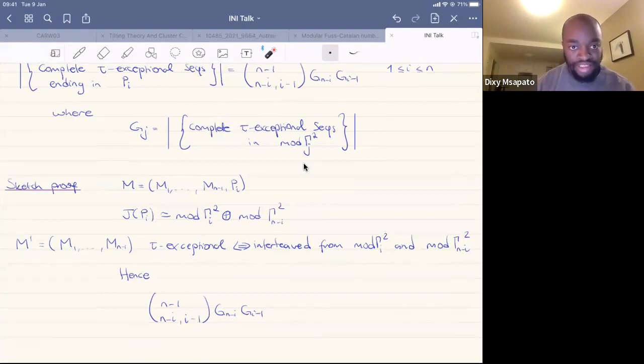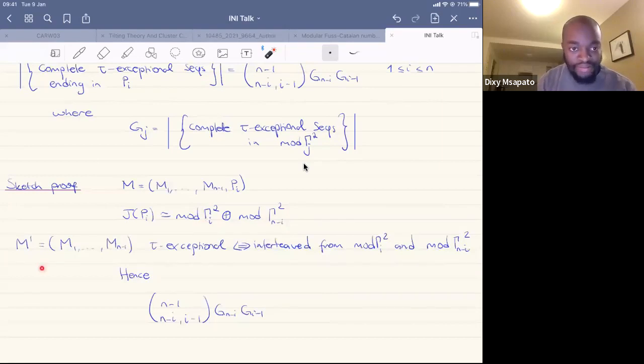So let's start by considering a complete tau exceptional sequence ending in the projective at i. Then by definition, M is a tau exceptional sequence if and only if M_1 to M_{n-1} is a complete tau exceptional sequence in the tau perpendicular category of P_i in mod Gamma_{n,2}. The tau perpendicular category of P_i turns out to just be equivalent to the direct sum of mod Gamma_{i,2} with mod Gamma_{n-i,2}.